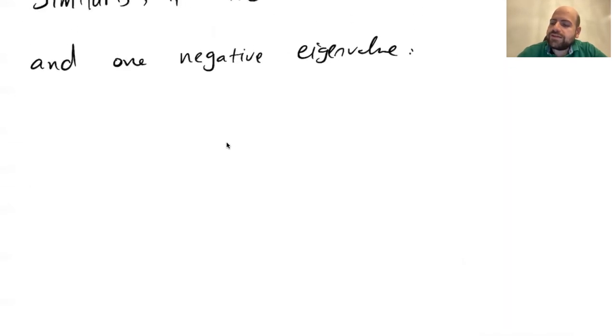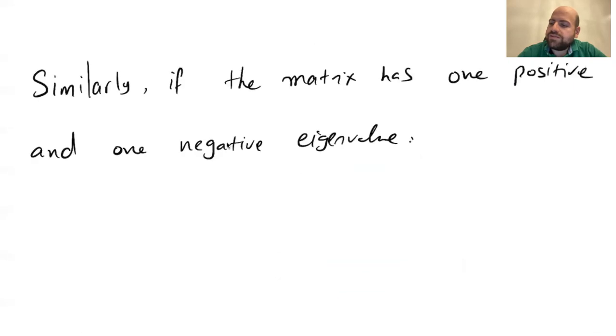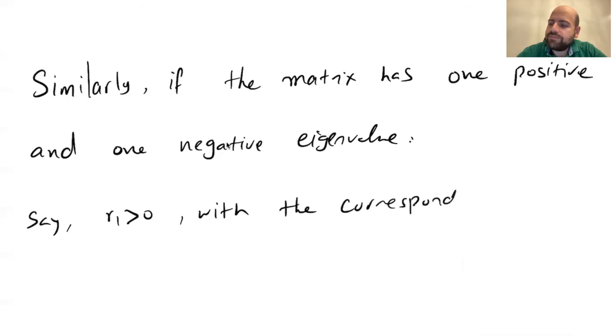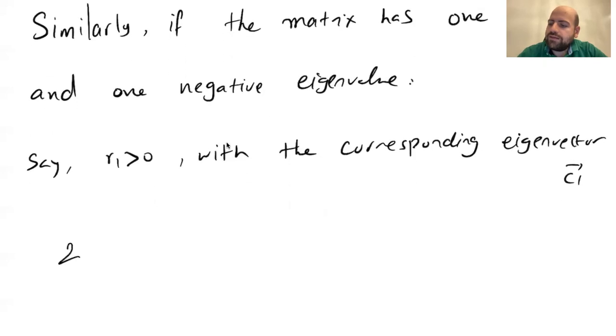Then if it has one positive, one negative eigenvalue, say R1 positive with the corresponding eigenvector C1, and let's say R2 negative with the corresponding eigenvector C2.